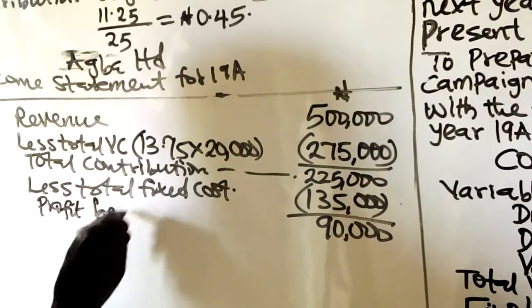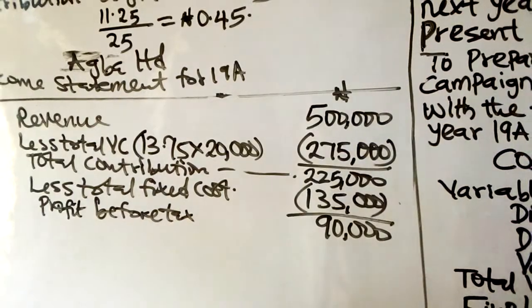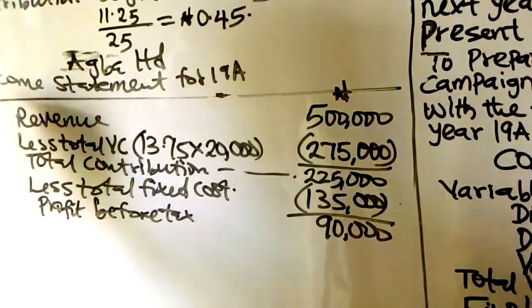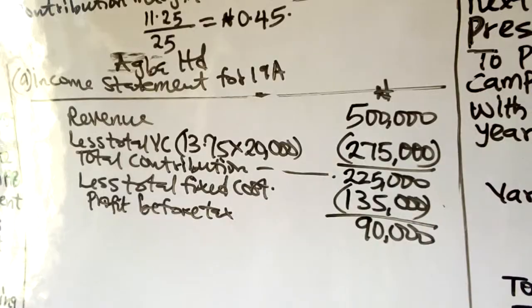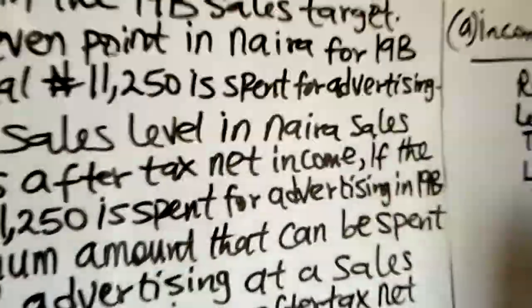If you go back to requirement A, what you have to calculate is the projected after tax net income for 19A. That means what you need is the profit after tax, not profit before tax.